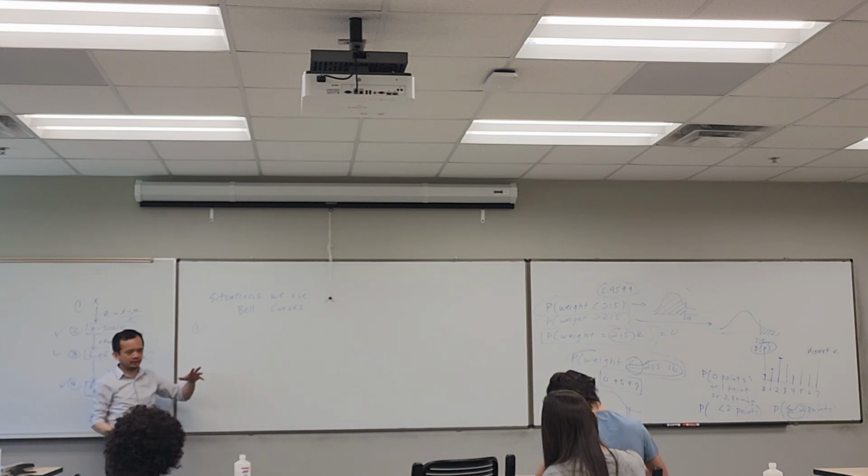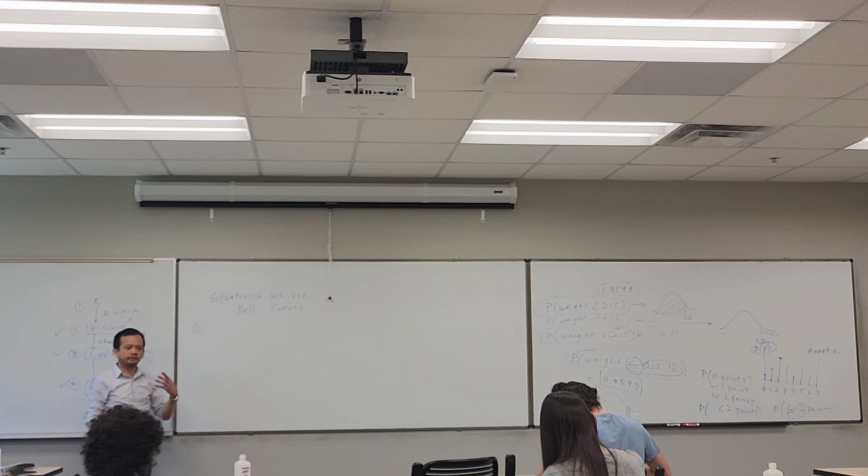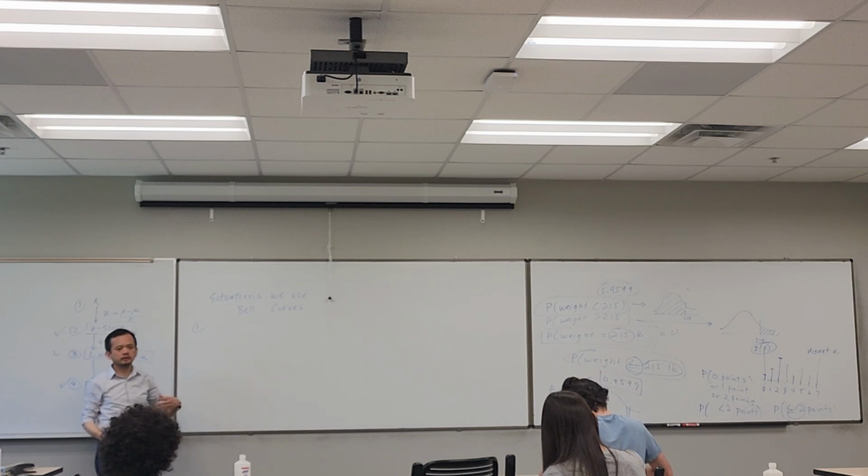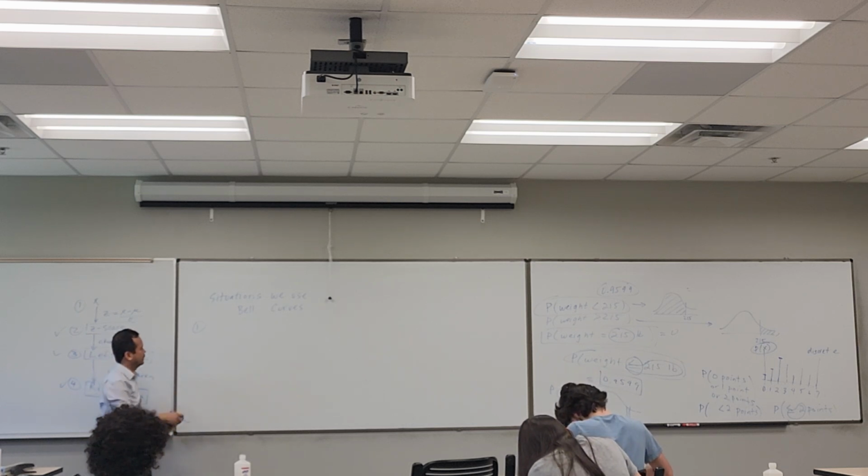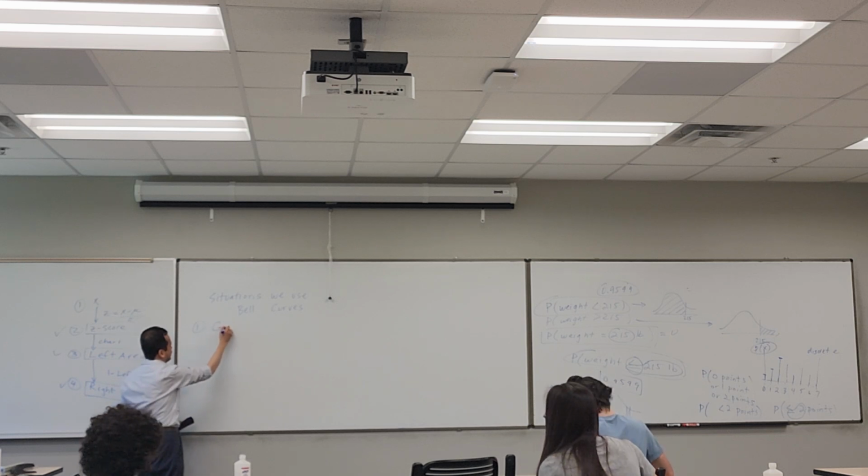And it's that you're given that the variable in question is distributed as a bell curve. So in the previous example, we were given or told that weights are distributed in a bell curve. So this is the most straightforward situation.